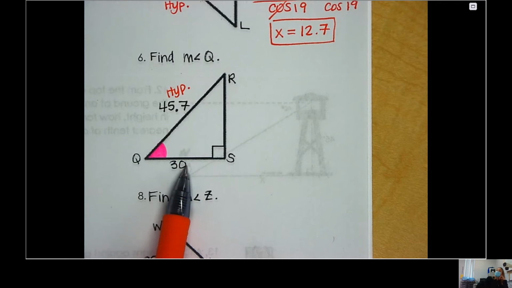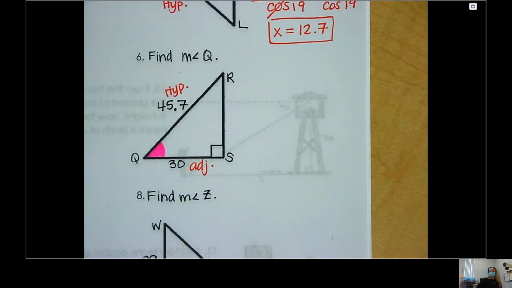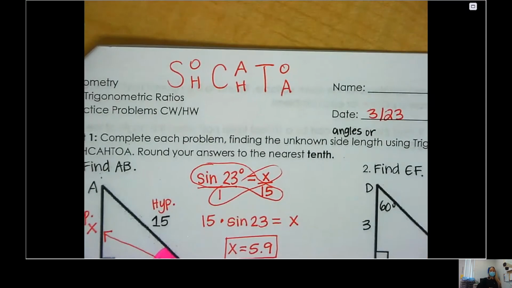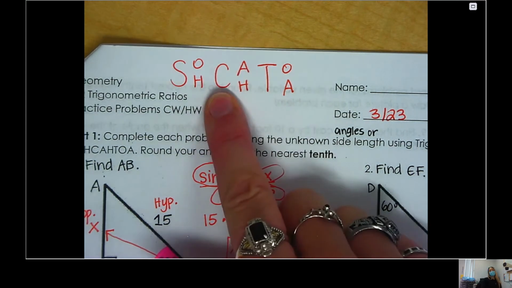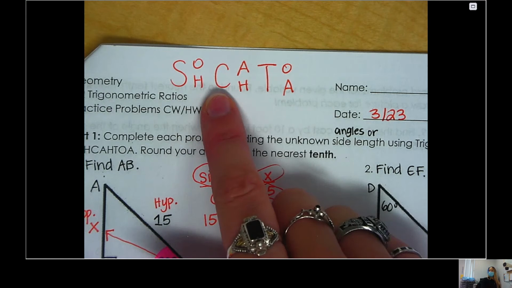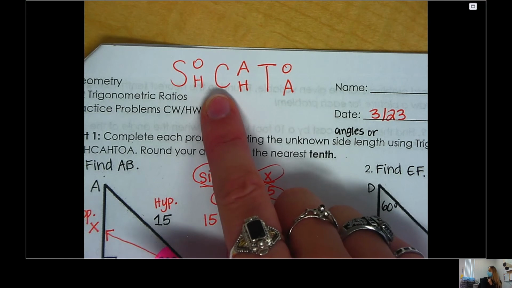It's adjacent. It's right next to. So I've got a hypotenuse and an adjacent side. Which one am I going to use? H and A. Which one is it? Yeah, cosine. It's A and H, but I'm using those two letters, so I'm going to use the cosine.